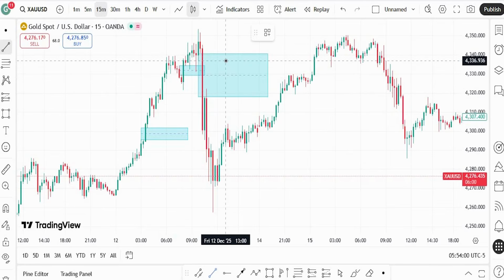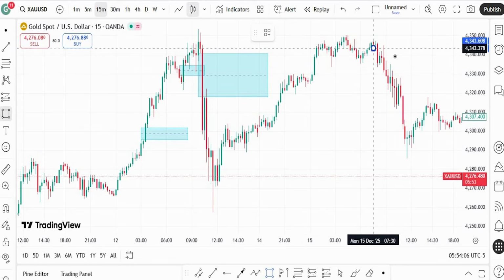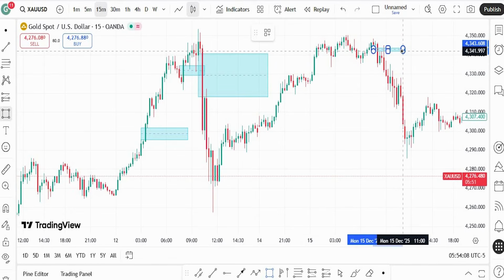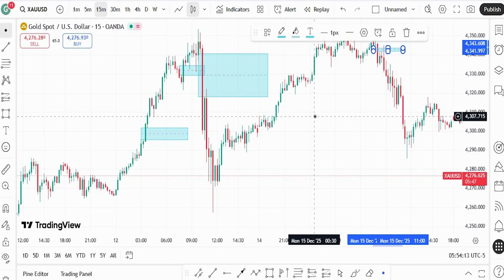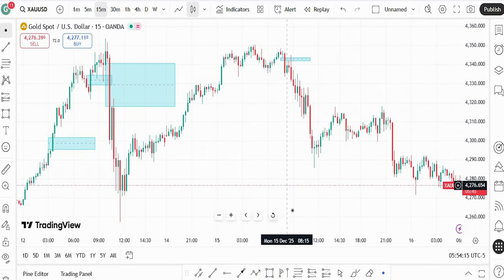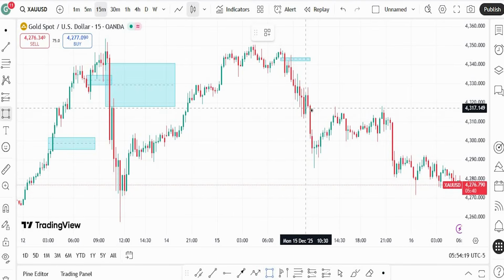So this is our SIBI gap. Let me show you another example. You could see this one, which is a small SIBI fair value gap, and which is filled by the market. The third example of the SIBI is this one.